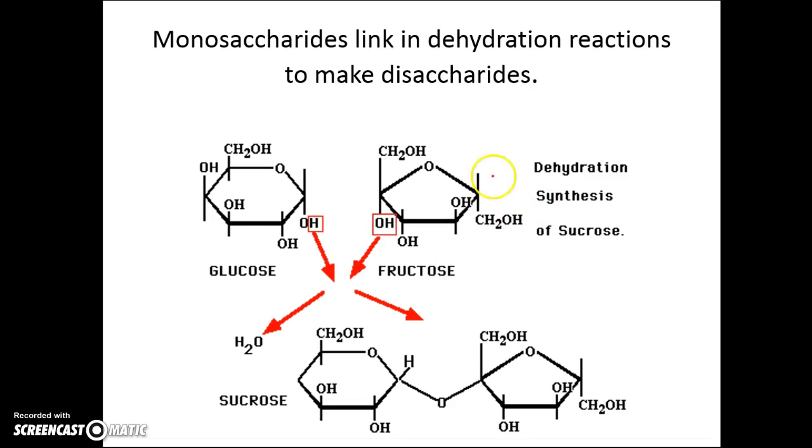So how do these sugars come together? Same deal, dehydration synthesis, you see it again. Water comes off, and this oxygen right here is going to hook up right there, and we're going to make this bond right here. This bond is known as a glycosidic linkage.